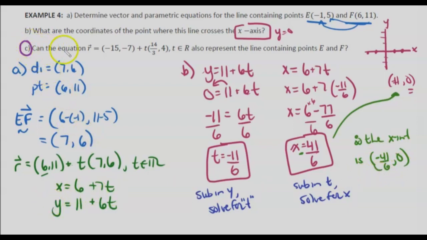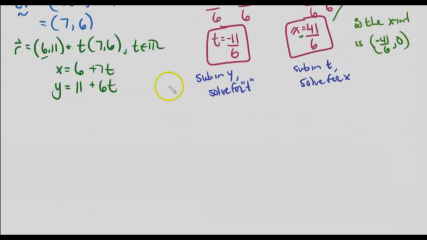All right, C. Can this equation here also represent the line containing points E, F? Okay, so let's go down here. We're going to write C. I'm just going to rewrite vector R. So negative 15, comma negative 7, plus T, 14 over 3, comma 4, and T is an element of the real number system.